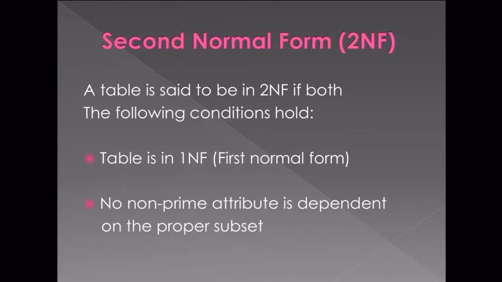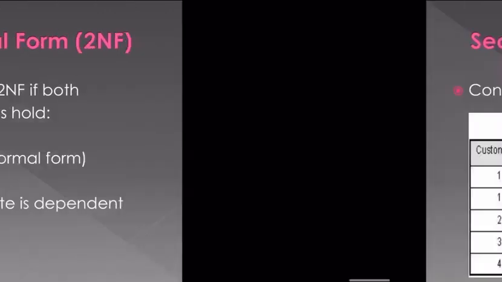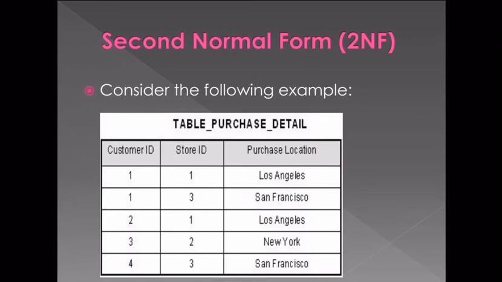No non-prime attribute is dependent on a proper subset of any candidate key of the table. That means an attribute that is not part of any candidate key is known as a non-prime attribute.